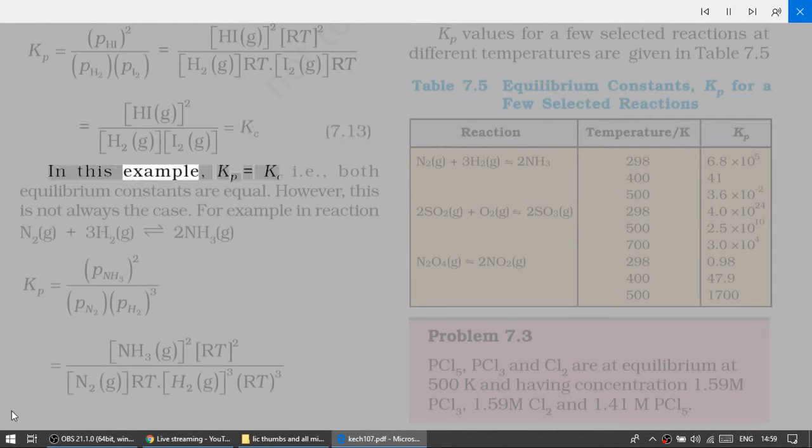In this example, Kp is equal to Kc, i.e., both equilibrium constants are equal.